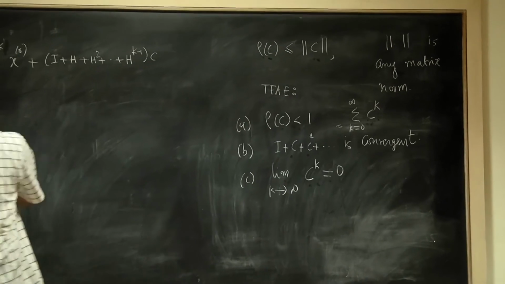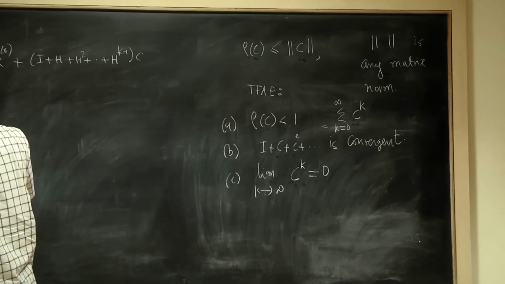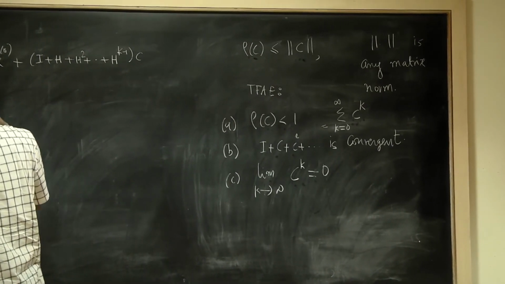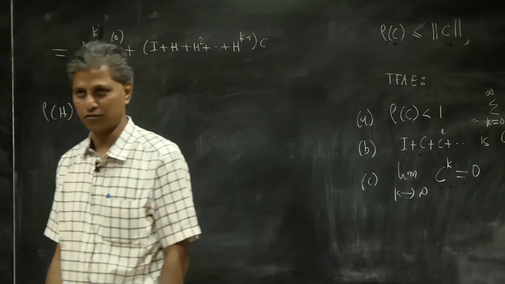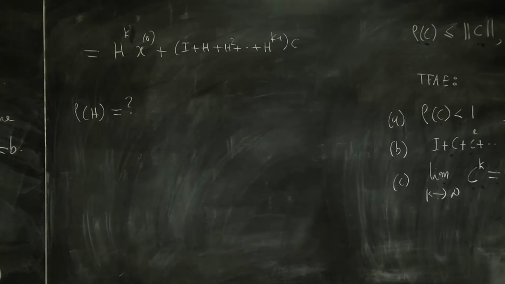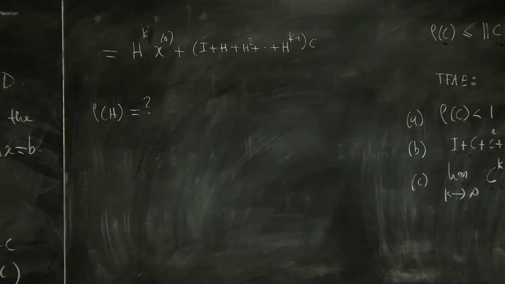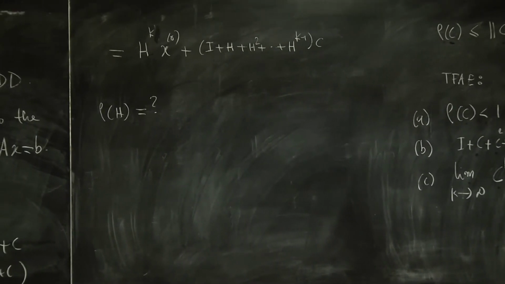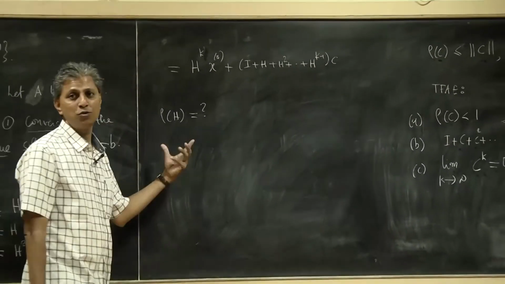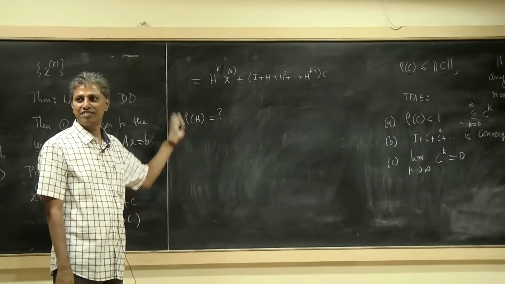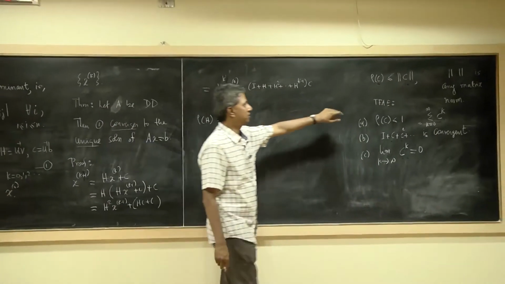Look at the matrix H. I want to calculate the spectral radius of H. My claim is that the spectral radius of H is less than 1 because A is diagonally dominant. That's all I want to show. Now, the spectral radius of H is difficult to calculate. Instead, I calculate the norm, so I have this inequality.